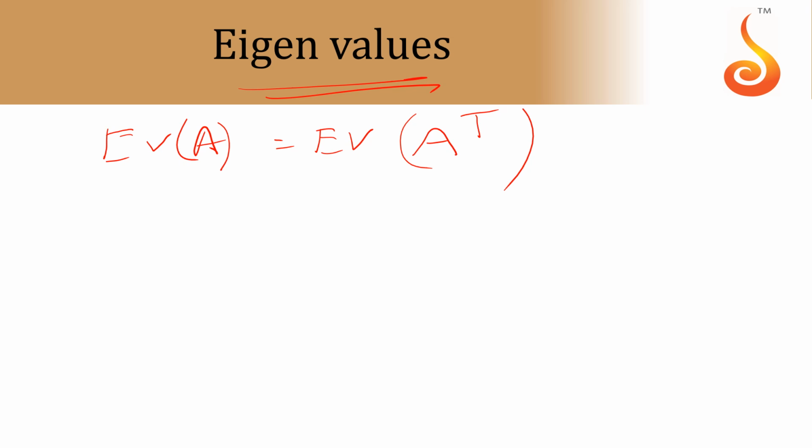And can I say the sum of the eigenvalues is the trace of the given matrix? Because eigenvalues are the values we get for lambda, the sum of those values will be the trace. And what is the product of eigenvalues? The determinant of the given matrix.